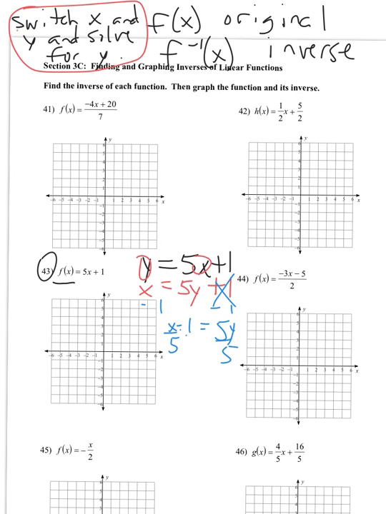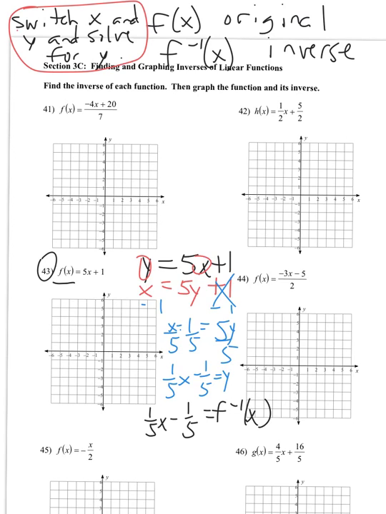Divide both these by 5. So I get y equals 1/5 x minus 1/5. So that's the inverse, and I like to then write it in functional notation. So f inverse of x is 1/5 x minus 1/5.